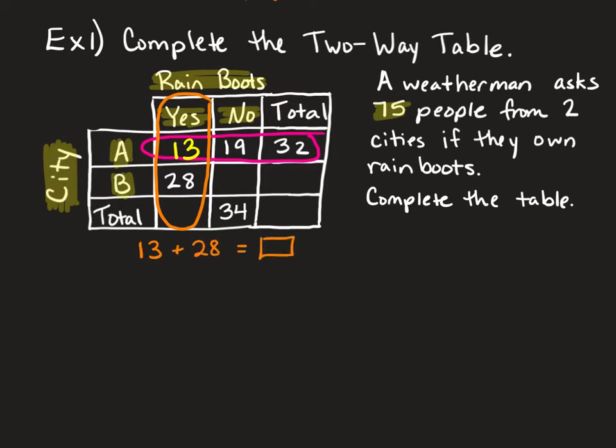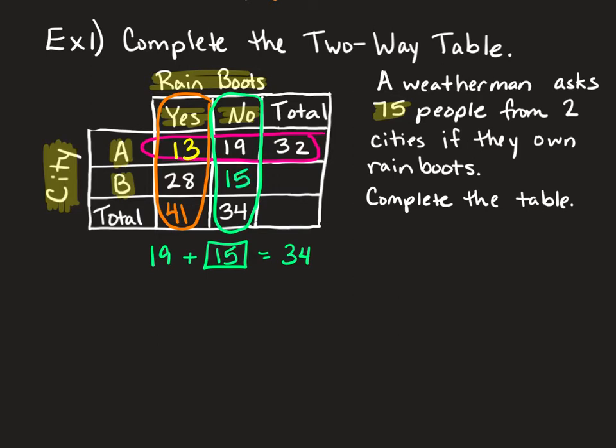And so 13 plus 28 would be 41. So I can plug in 41 there. We're just filling in information as we find it. This next column, no. I have 19 plus blank equal 34. So I could just subtract 19 from 34 to get what's left, which would be 15. And 19 plus 15 is 34.